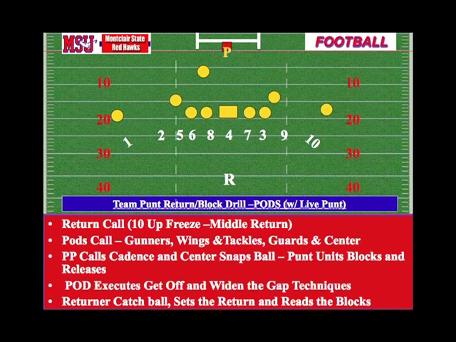We would call gunners or swatters, gunner pods, and they would go down, and 1 and 10 would handle that. If we called the tight end and wing unit, or the tackle and wing unit, then we would call 2 and 5, and 3 and 9 would be part of that. And of course, then the interior people will go. You can see the other rules that we do in order to make the drill work.